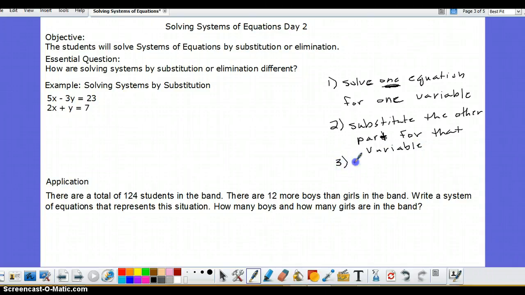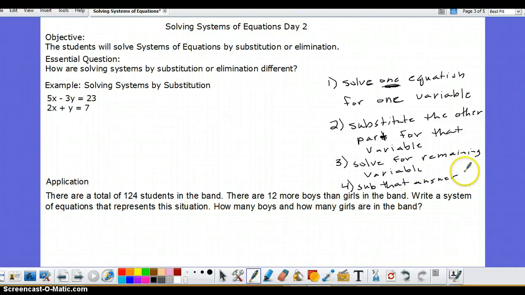You then want to solve for the remaining variable, and then after you do that, you take that answer and sub it in to find the other coordinate.